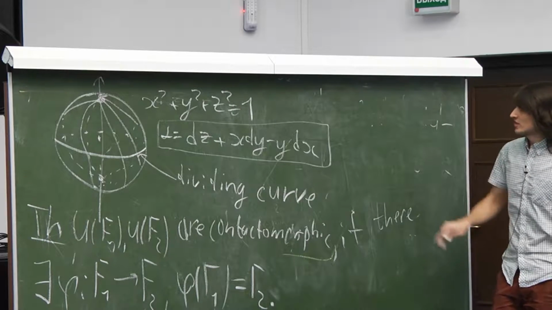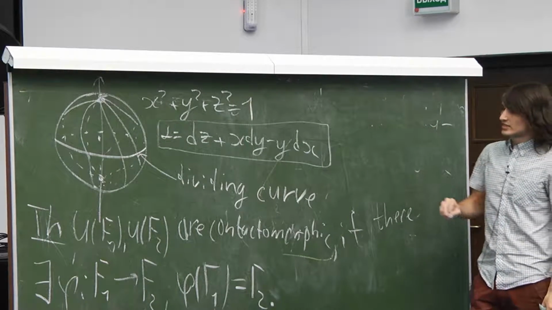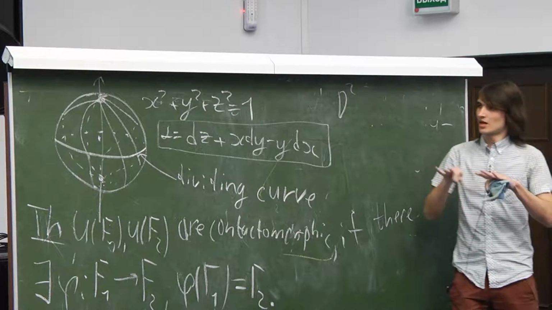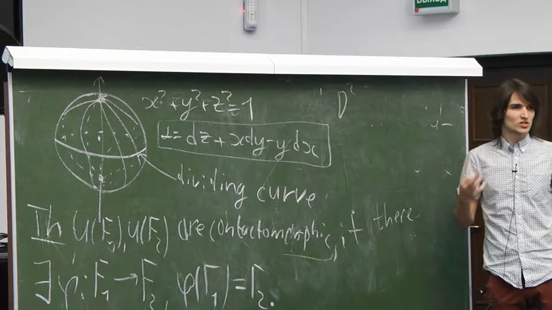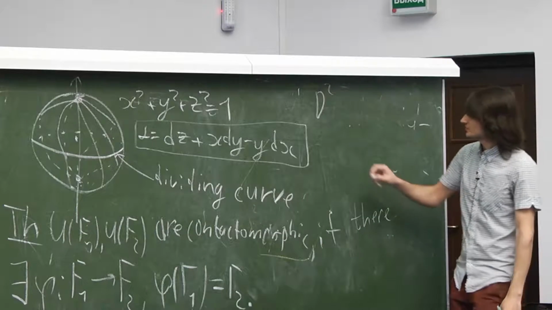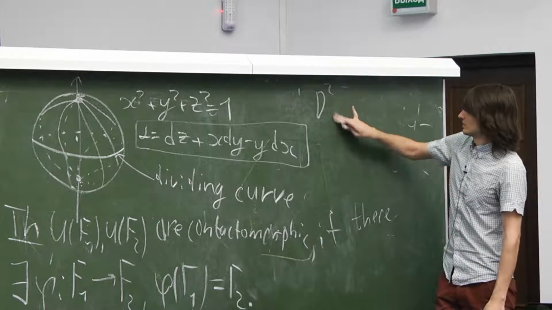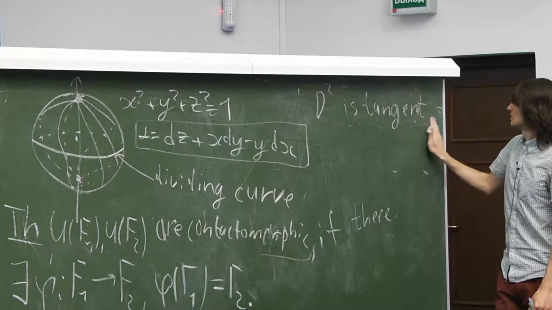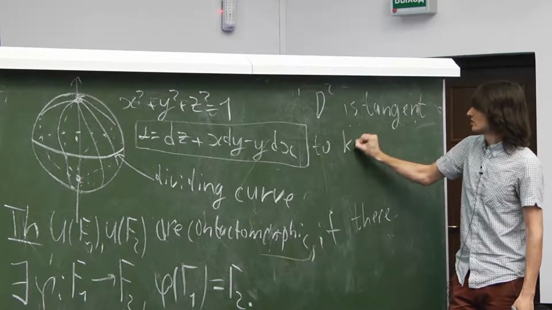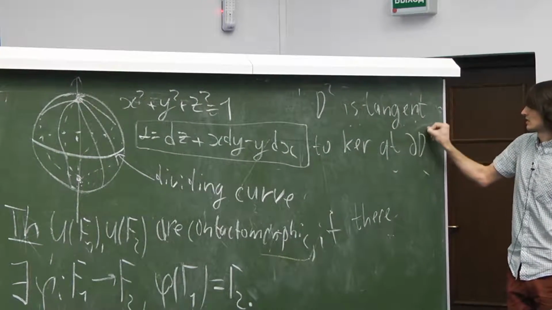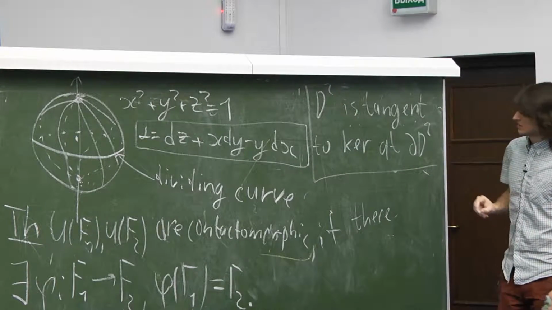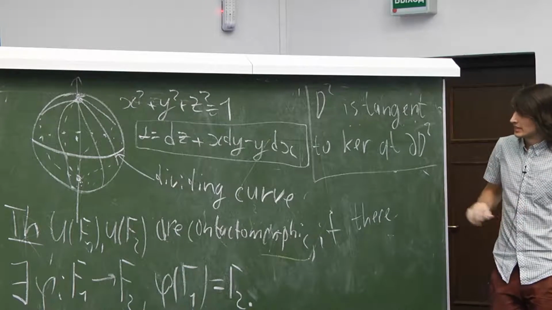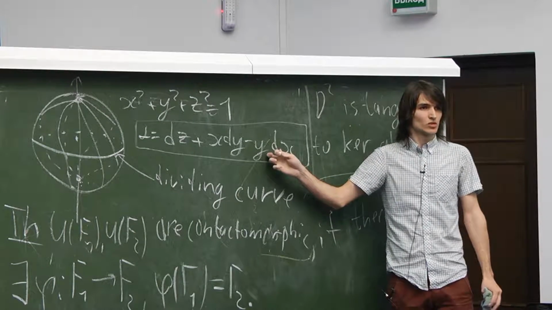So take this contact structure and try to find a disk, two-dimensional disk, which is embedded in the R3 and which is tangent to the contact structure on the boundary. D2 is tangent to contact structure at the boundary. Does there exist such disk or not? And for this contact structure, the answer is no.